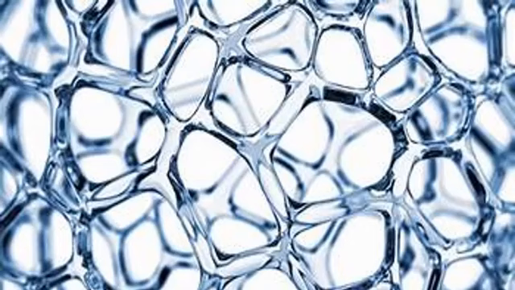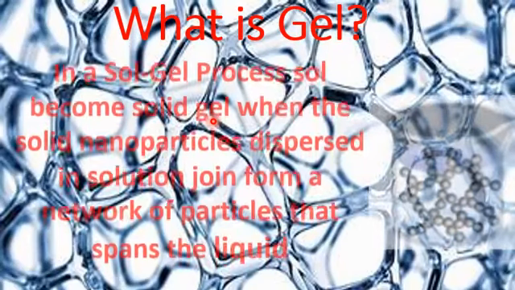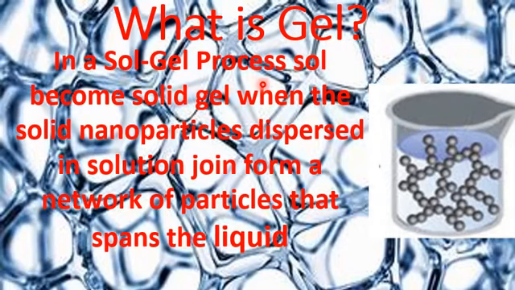So now students, what do you think, what is a gel in a sol gel process? Dear student, a gel in a sol gel process, sol becomes solid gel. A sol, as I have previously discussed, is a combination of a solid medium dispersed in a liquid phase.